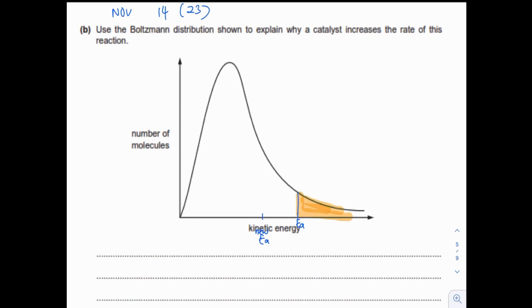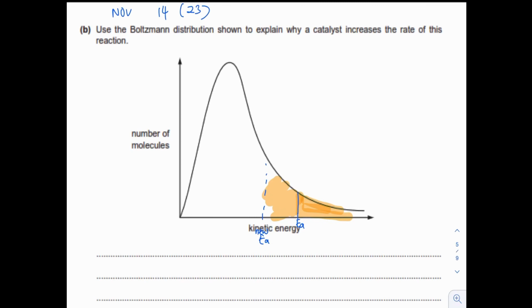So when the activation energy is lower, look, the area under the graph will increase. So that means the number of molecules at this area have enough energy to overcome the new activation energy. So they are able to react. More molecules are able to react. Hence, the rate of reaction increases.